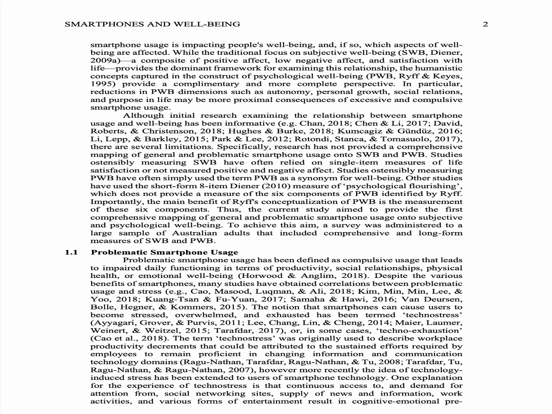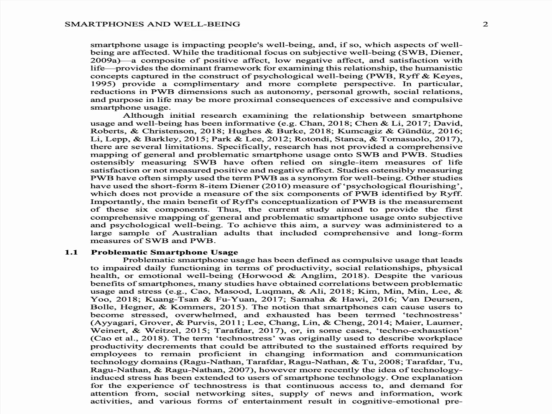So let me read that first main idea sentence, or the first topic sentence. Problematic smartphone usage has been defined as compulsive usage that leads to impaired daily functioning in terms of productivity, social relationships, physical health, or emotional well-being. So this author is saying, look, what I'm going to talk about here is the definition of problematic smartphone usage.